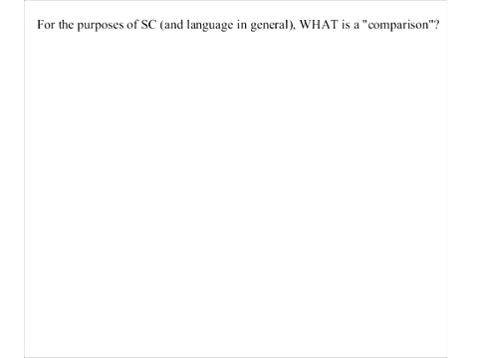Parallelism, hold that thought. We'll come back to that. We're not at that point yet. That's the next step. Parallelism is what you do once you have a comparison. But first of all, what is a comparison? What is it? How do you know when you have one in the first place?